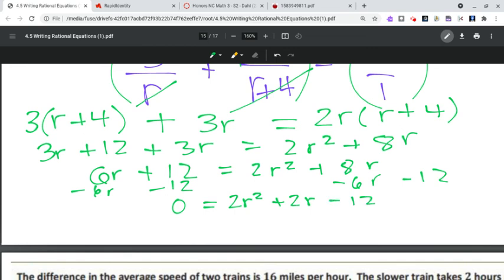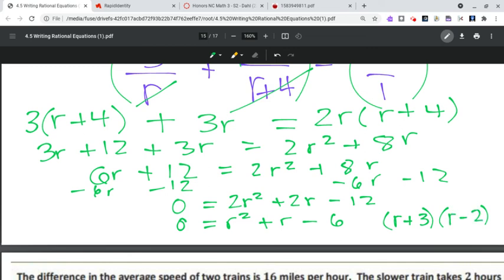Divide everything by 2 as our GCF, and we get r squared plus r minus 6. Now we want to factor 2 numbers that multiply to give us a -6, add to give us a positive 1, r plus 3, r minus 2.